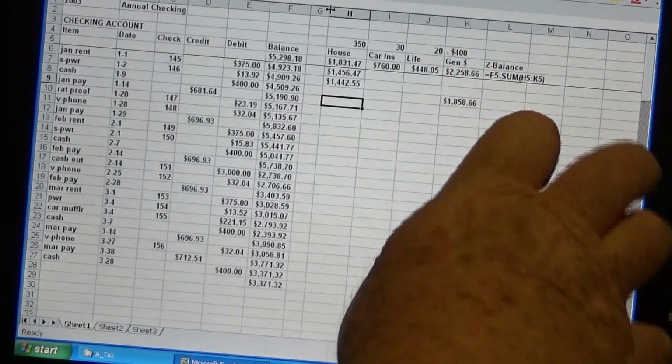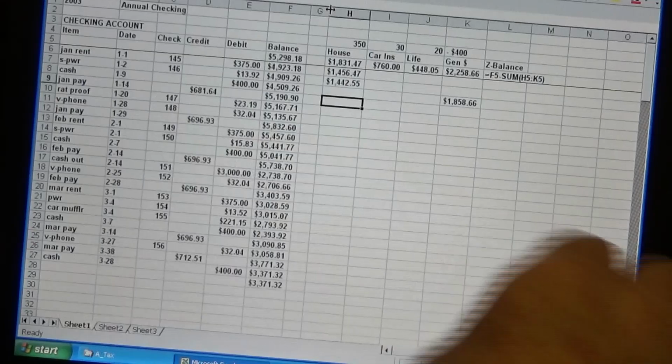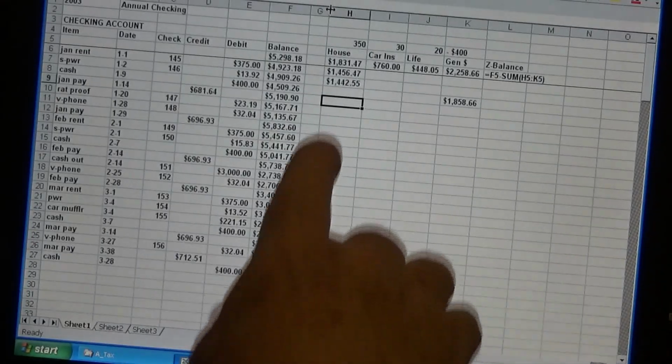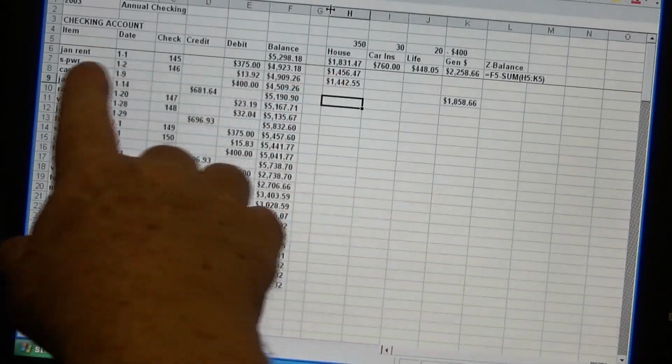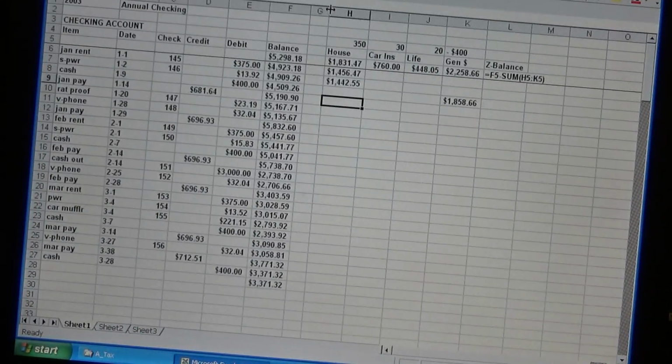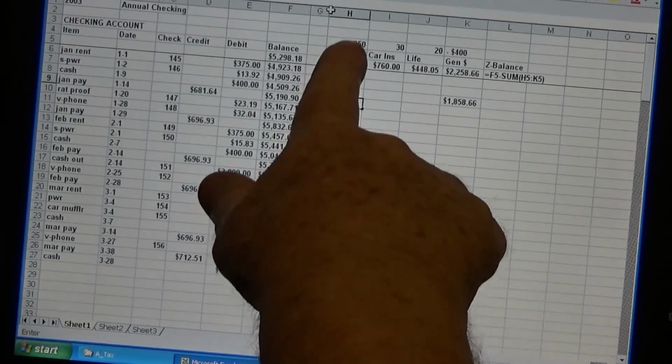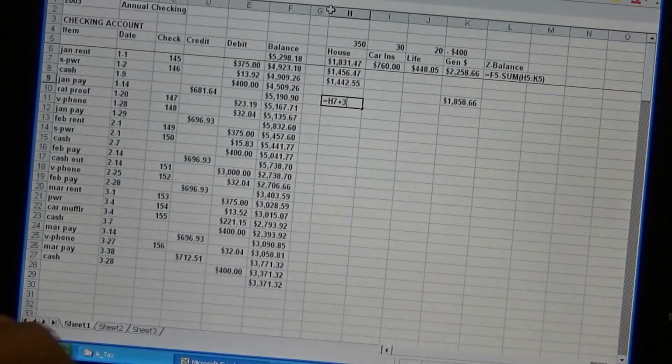We'll get to that in a second. So out of my pay there, I'm going to refer to H7. So it's going to be equal to H7 plus 350.